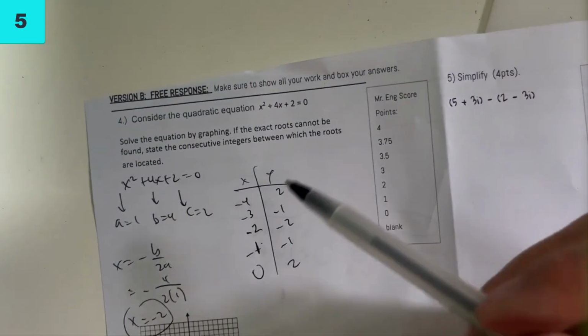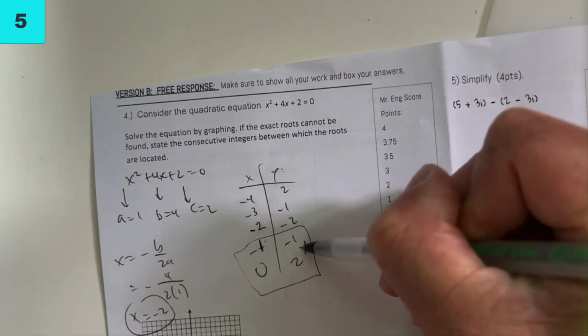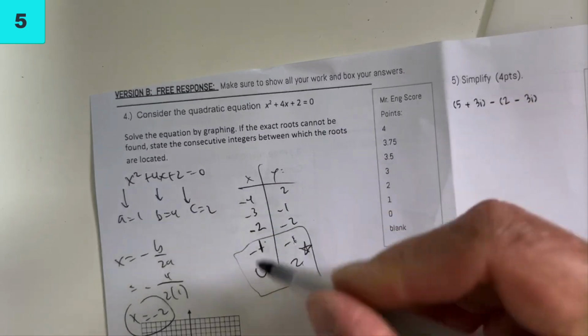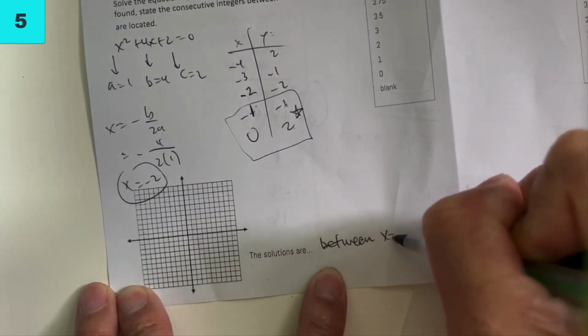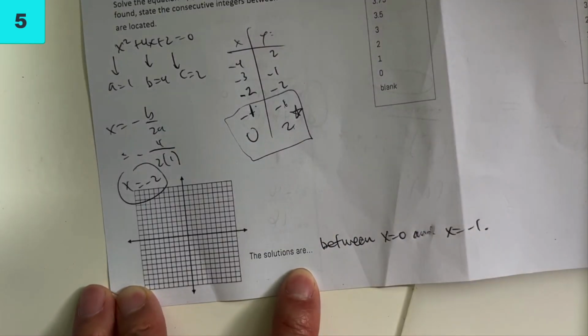Okay, so I showed Desmos. We're going to look on the y side. We're looking for a sign change between a positive and negative. So I know the solutions are between x equals 0 and x equals negative 1.